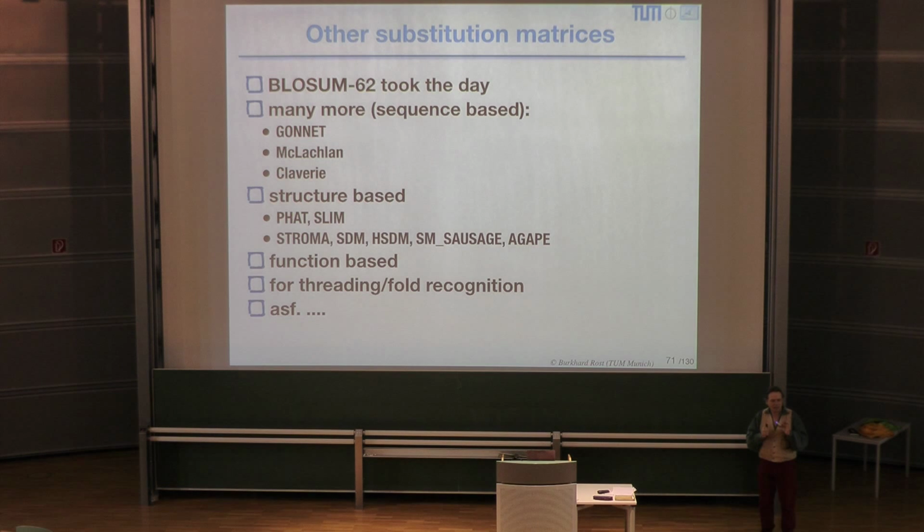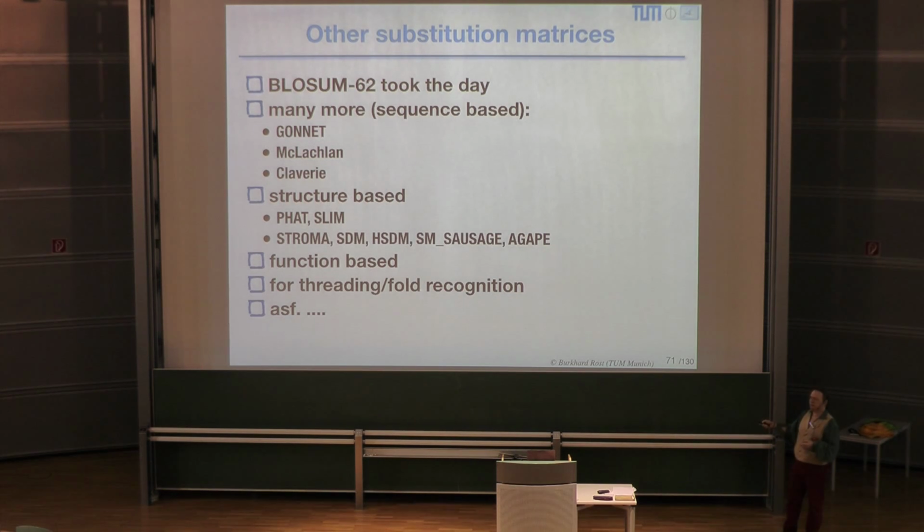Again, for all of these, the way they are compiled is different. Typically, they all compile log odds. What they differ in, mostly, there are other differences, but mostly, is how they collect the first set of sequences for which they compile the log odds. Gonnet does the log odds also differently, McLachlan as well. But mostly, the most important difference really is in the initial choice of the data set.